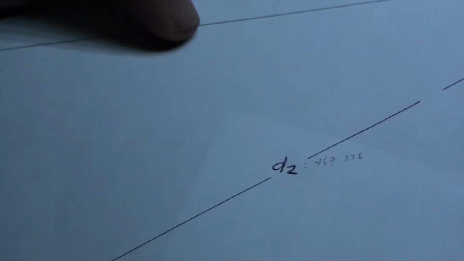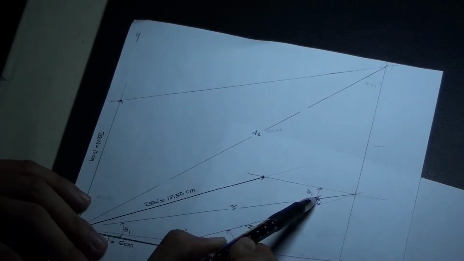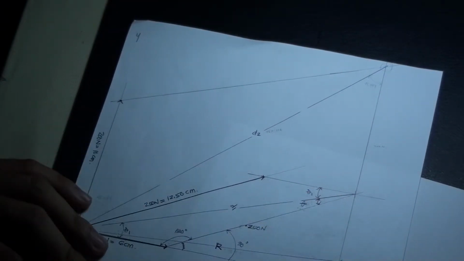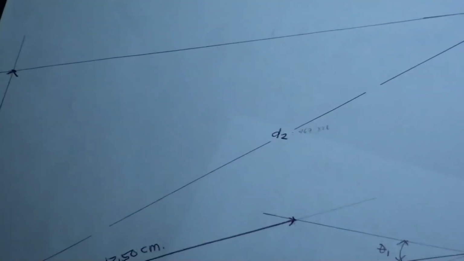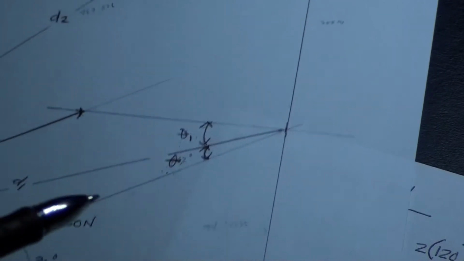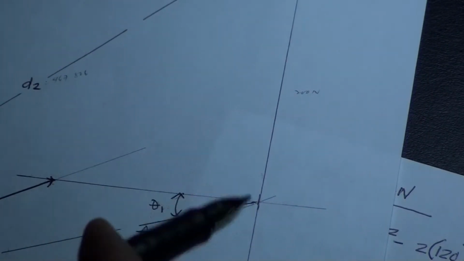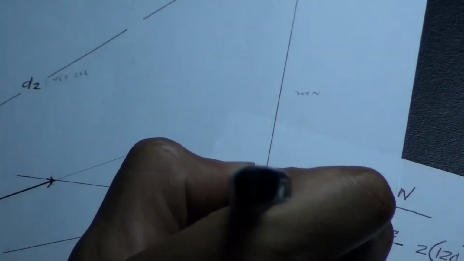Now, after finding theta sub 1, notice you need to solve for d sub 2. This is theta sub 1. You know very well that this is 90.